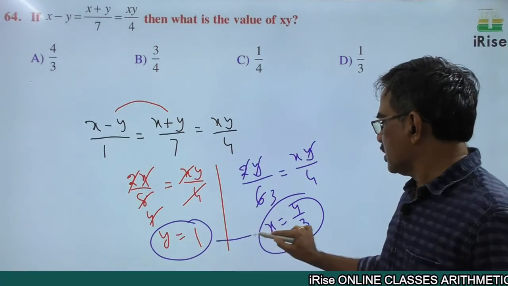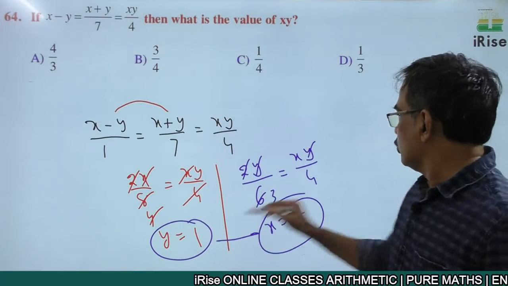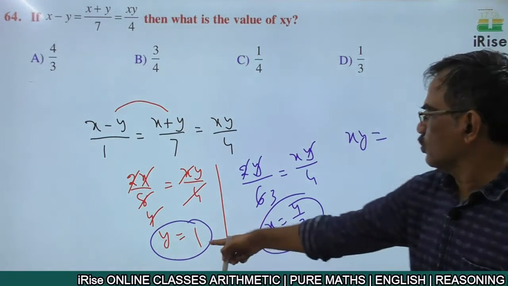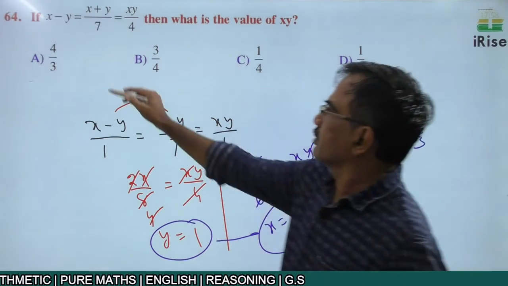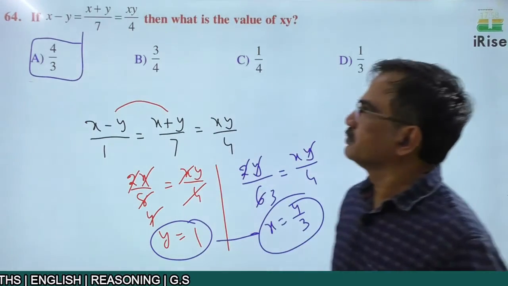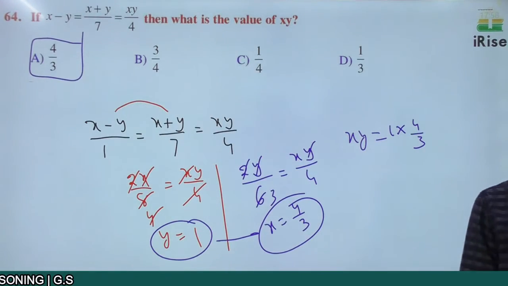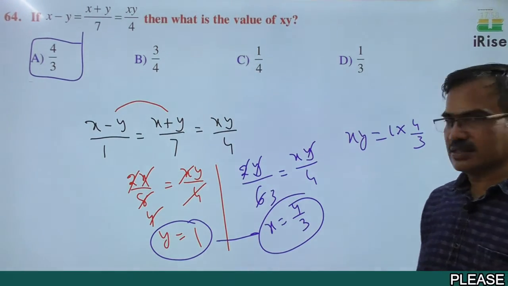Multiply these two, x into y is equal to 1 into 4 by 3. So the answer is 4 by 3. Okay, so the same question can be solved in different ways.